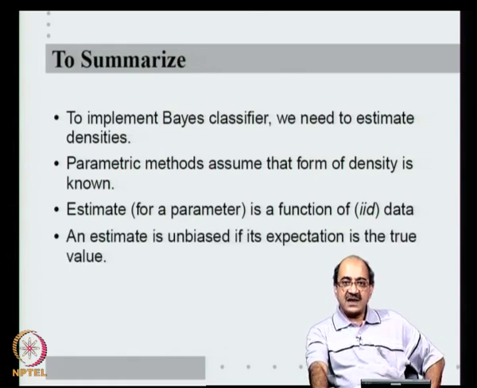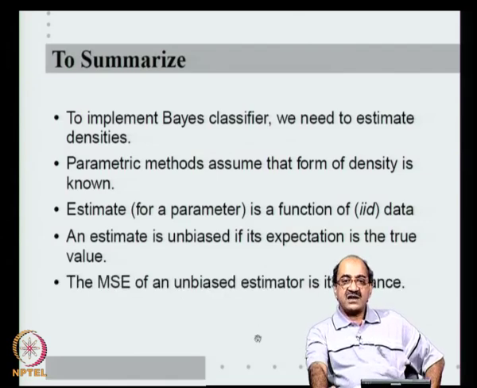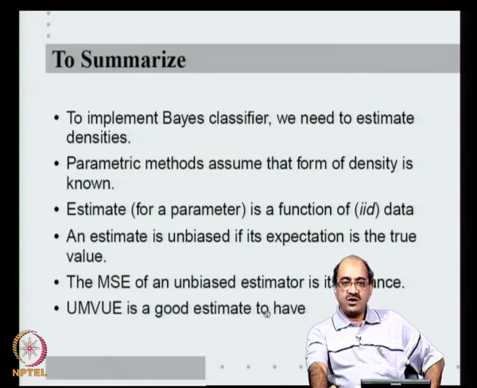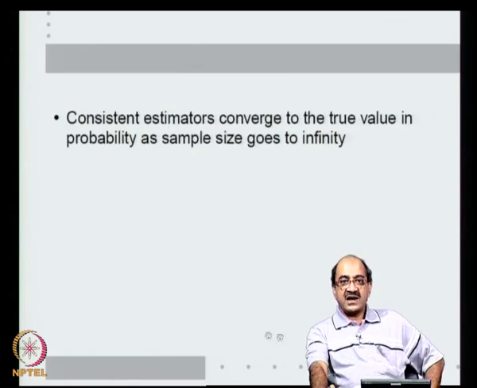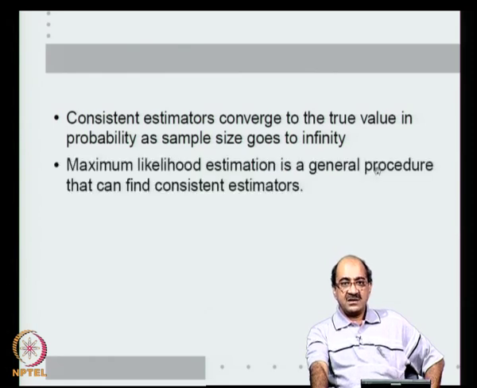An estimate is unbiased if its expectation is the true value. The mean square error of an unbiased estimator is its variance, and uniformly minimum variance unbiased estimators are very good to have if we can have them. A consistent estimator converges to the true value in probability as the sample size goes to infinity. Maximum likelihood estimation is a general procedure that can find consistent estimators.